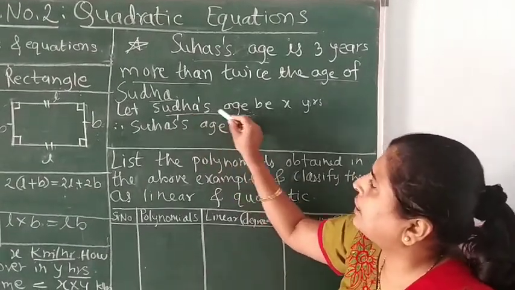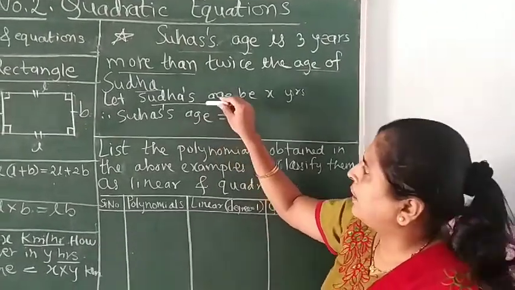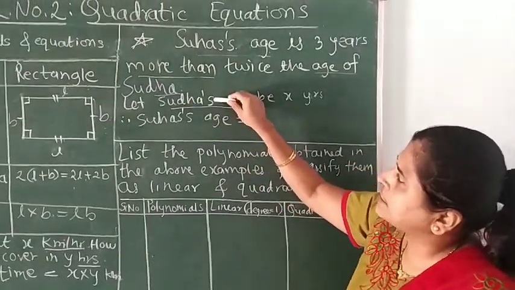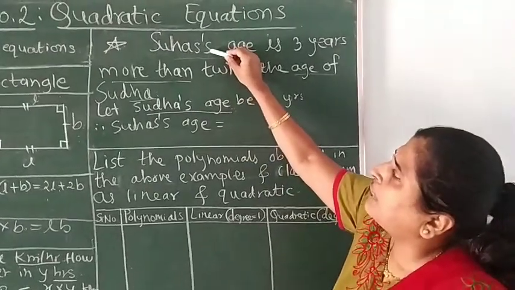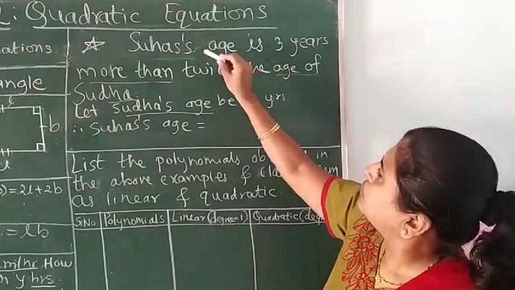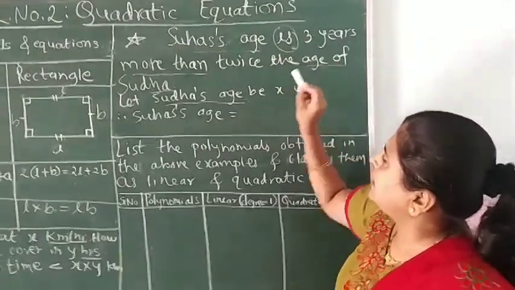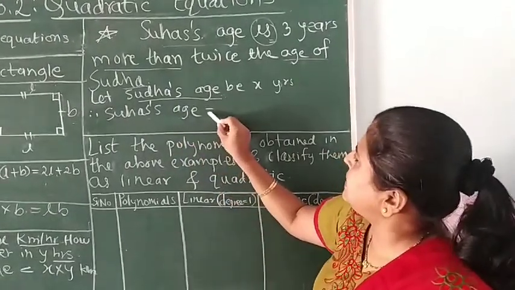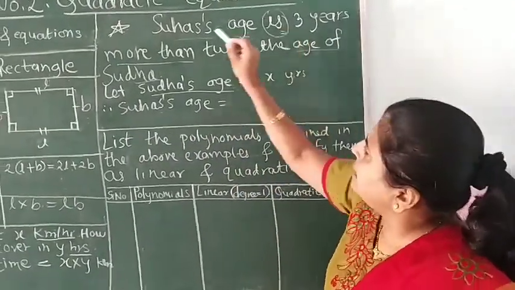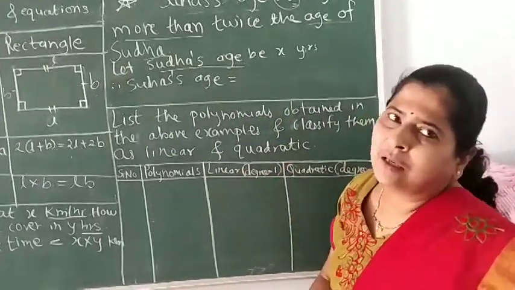So if we write that Sudha's age is x, then what is Suha's age? When we have assumed the second thing to be x, how do we get the first term in terms of x? So read this. Suha's age is. Is means always remember it is equal to. So Suha's age is equal to 3 years more than something.